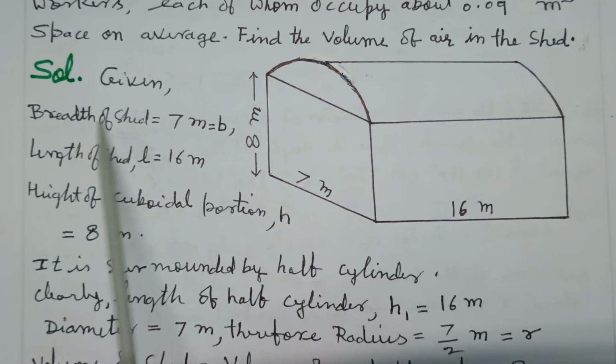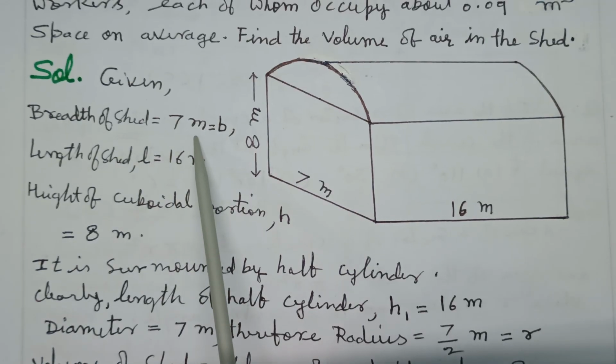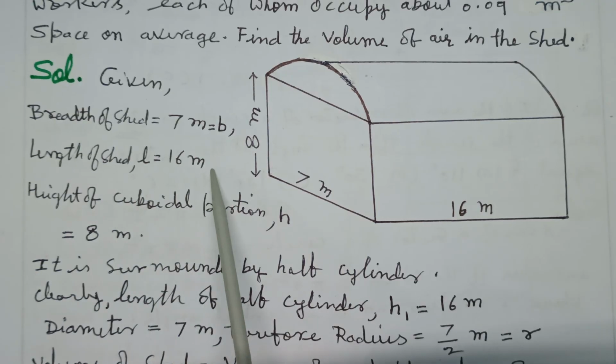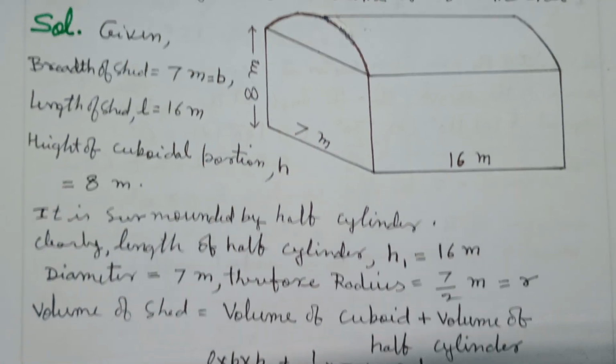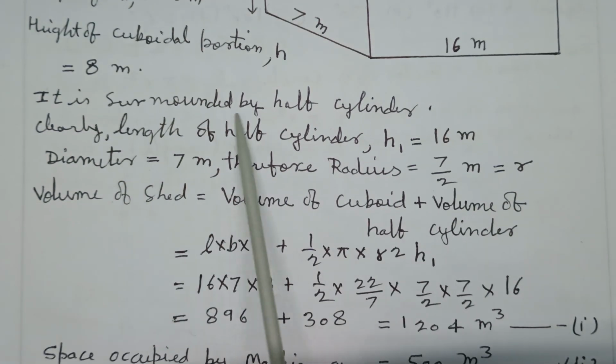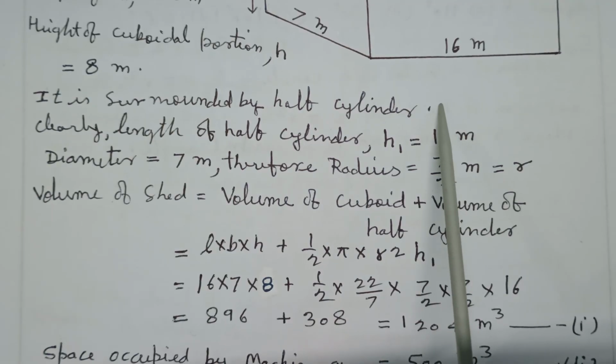So given, breadth of the shed is equal to 7 meter, say B, length of shed L is equal to 16 meter, height of cuboidal portion H is equal to 8 meter. It is surmounted by half cylinder.